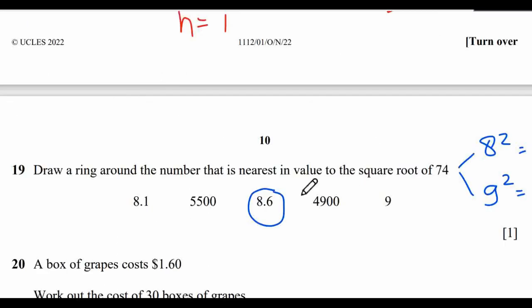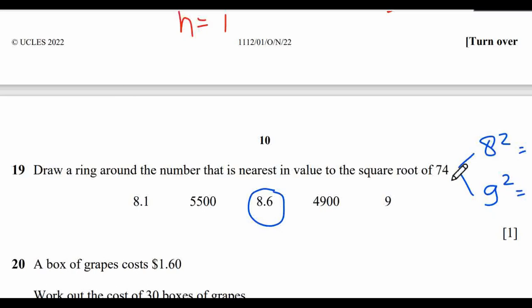So the answer is 8.6 for the square root of 74. We choose the nearest square numbers near 74. The square number 64 is 8 squared. After that, 9 squared is 81.